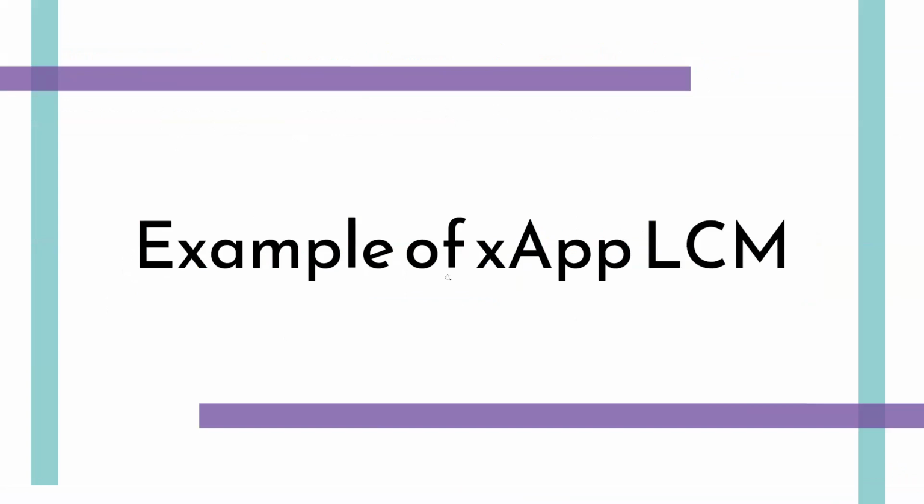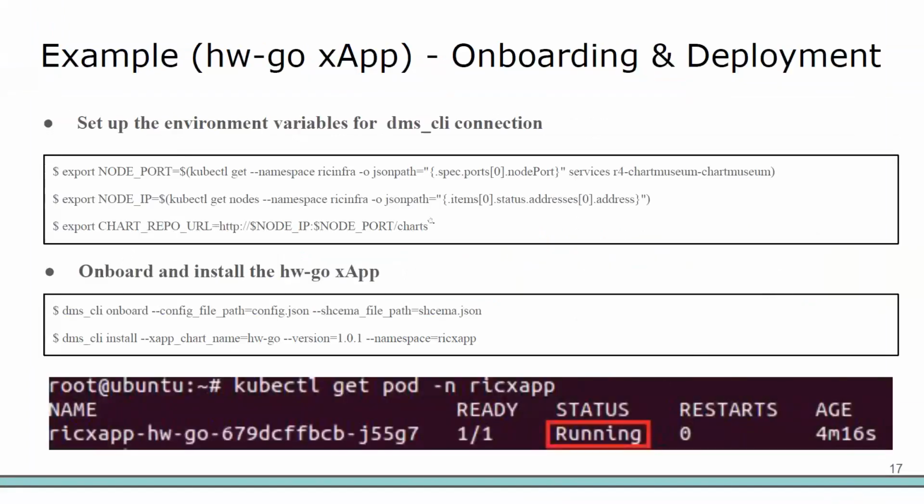So finally, I will show the example from the Hello World Go xApp. First step, you need to set up the environment variable and onboard and install the Hello World Go xApp. You can see the status is running, so the xApp is running in your platform.